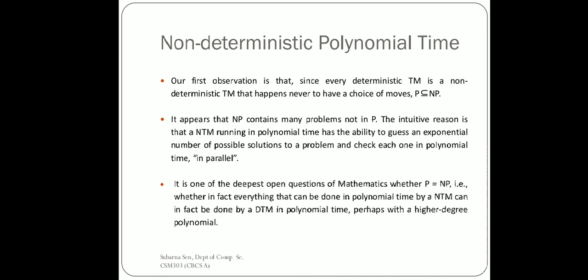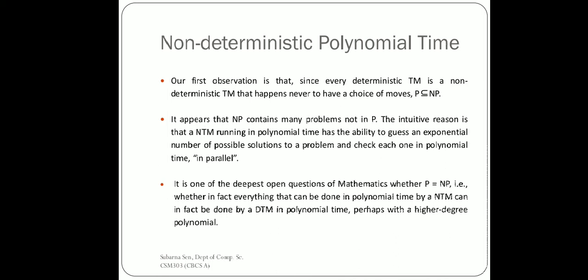So you can see that in parallel, or at the same time, it can go for an exponential number of moves. 2 to the power m is nothing but an exponential factor, right? So it can do it in polynomial time. We will see how each one can be done in polynomial amount of time, and we will see the proof there, but for now we know that non-deterministic machines are capable of doing this.